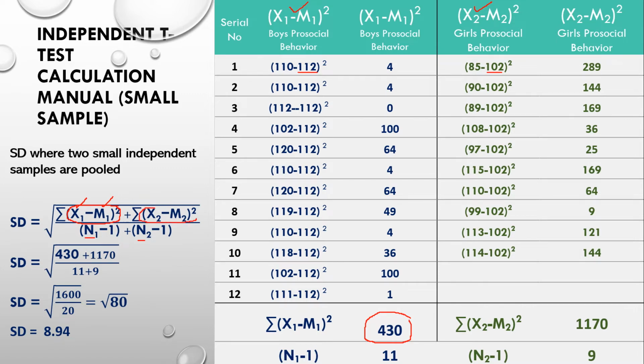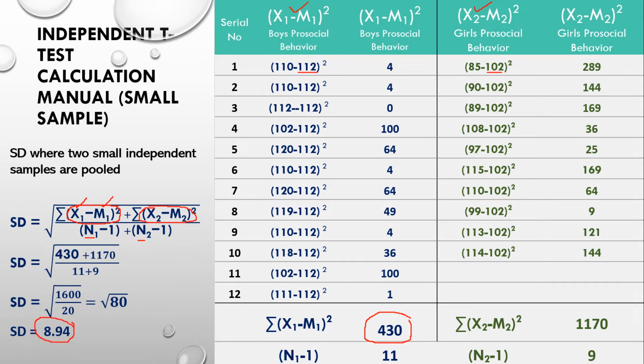With n minus 1, that is 12 minus 1 and 10 minus 1, so 11 and 9, the total is 1600 divided by 20, and the value is 80. The square root of 80 is 8.94. So this is the value of the pooled standard deviation.